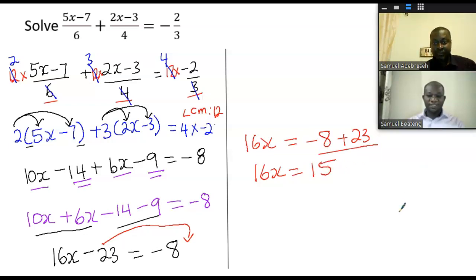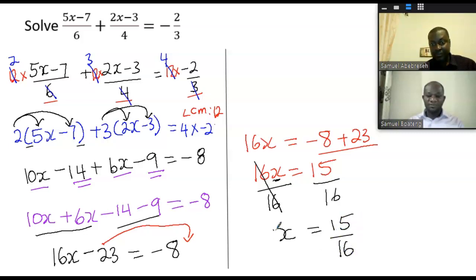We want to find x, so we divide both sides by 16. Cancel 16, leaving x alone. So x is equal to 15 on 16. This is a simplified fraction, so we leave it as it is.